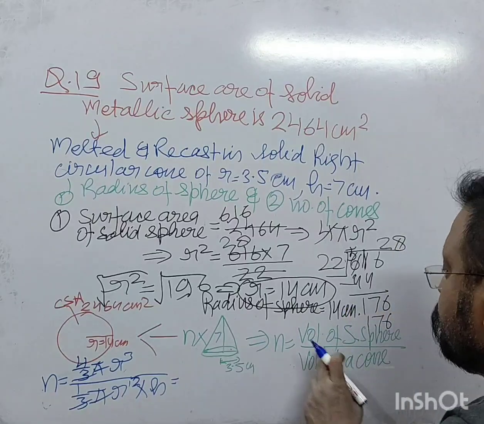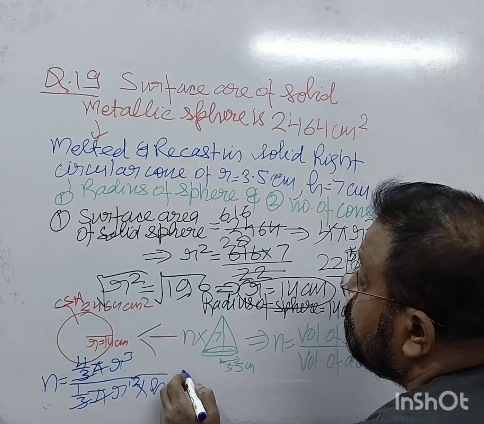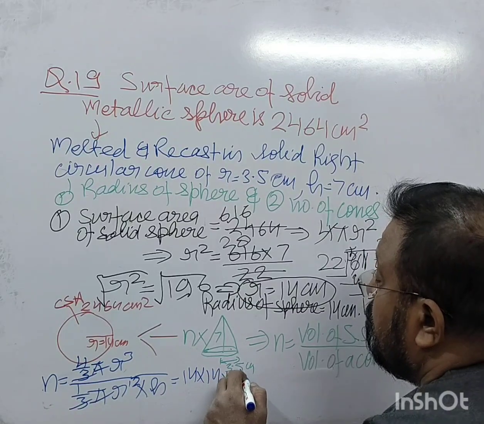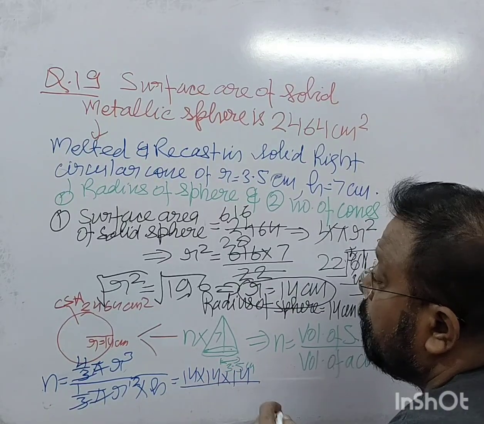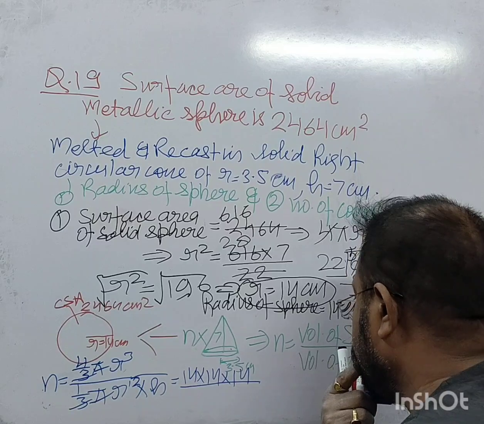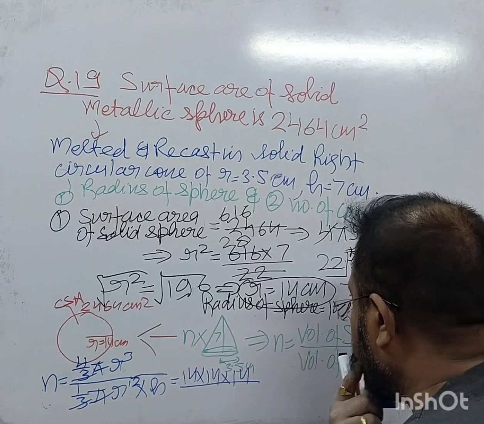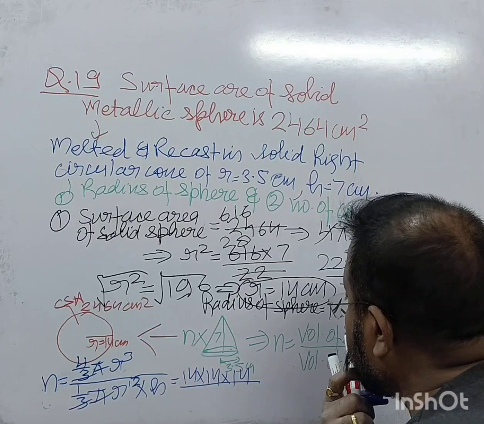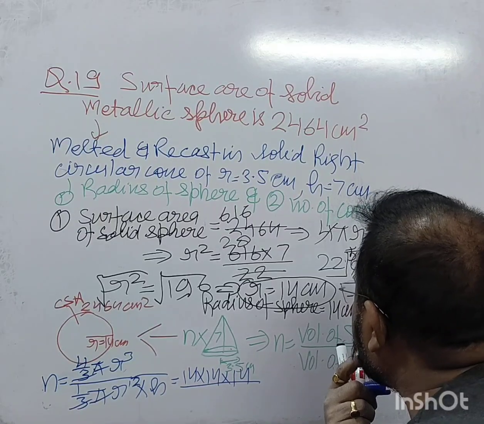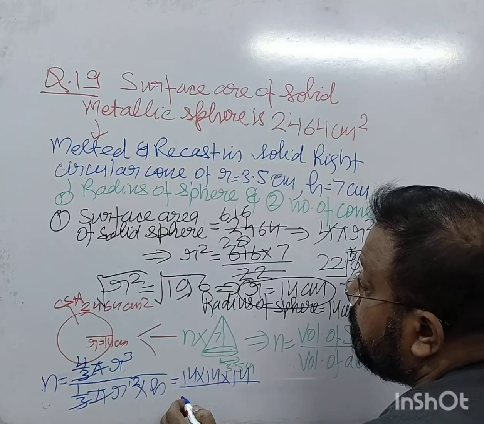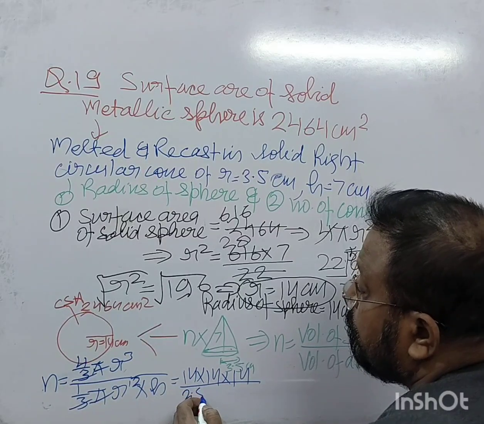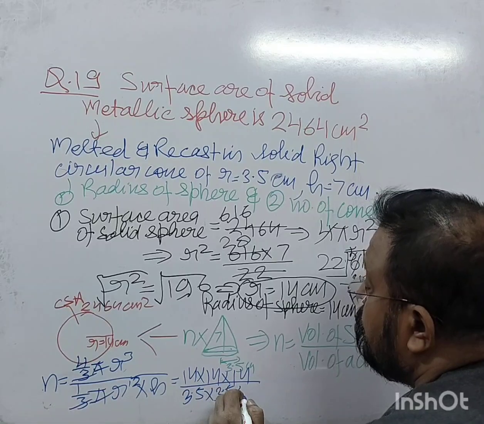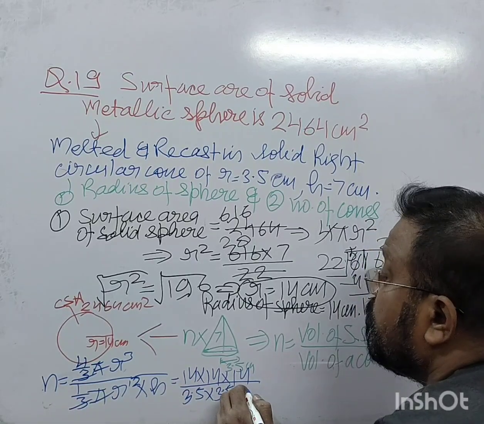You get the radius of 14 centimeter. So 14 into 14 into 14 upon 3.5 into 3.5 into 7.